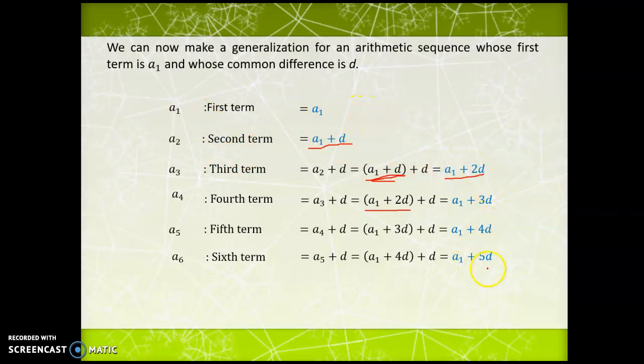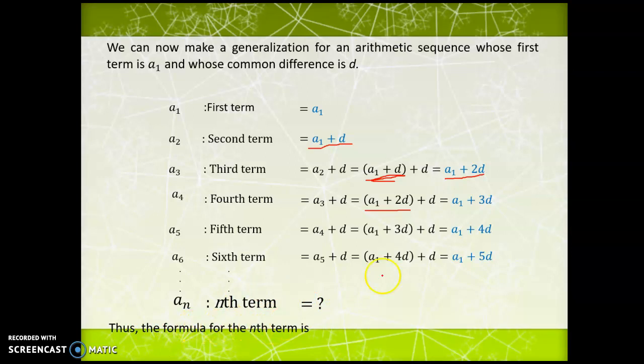Now, with that, we can conclude that the n here, or the 6 here, is subtracted by 1, right? So it's 6 minus 1. How about here? 5 minus 1, to get 4. And for that, we can now conclude that a sub n, the nth term, we don't know the term yet, is question mark.